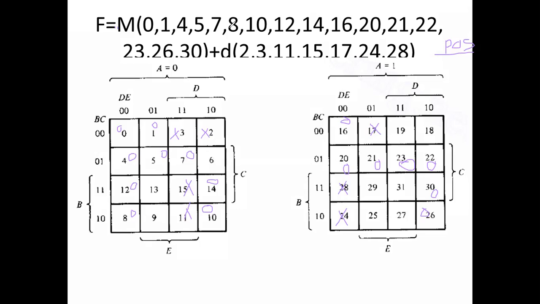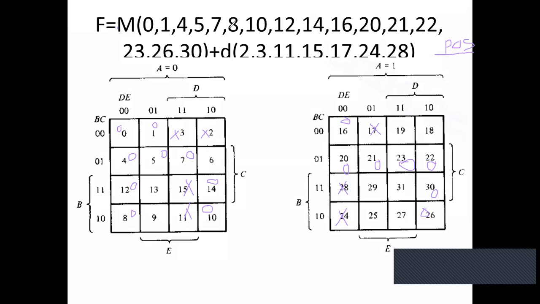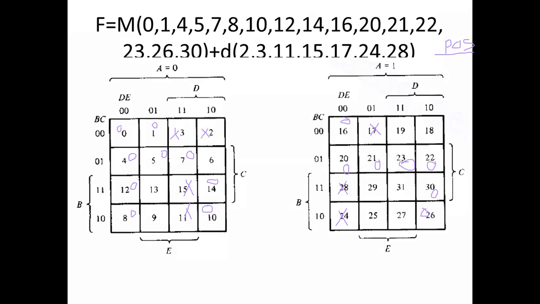Is there any possibility for 8 adjacent zeros? See here: 0, 4, 12, 8, 16, 20, 28, 24.